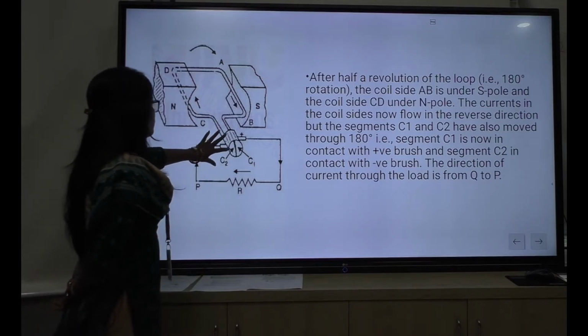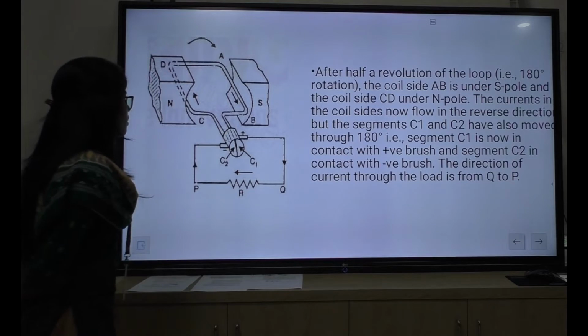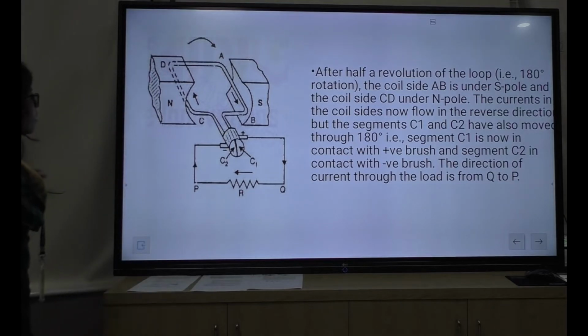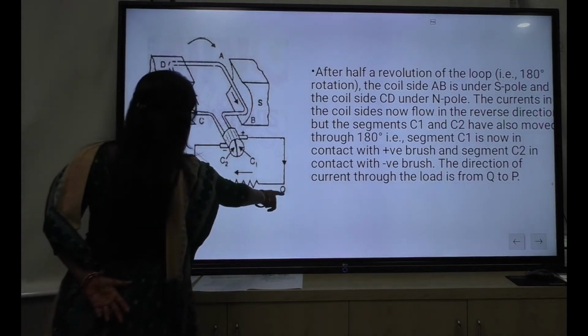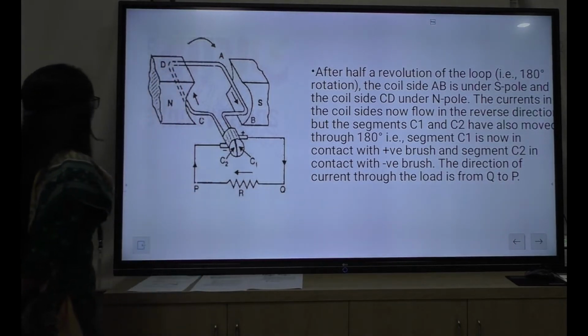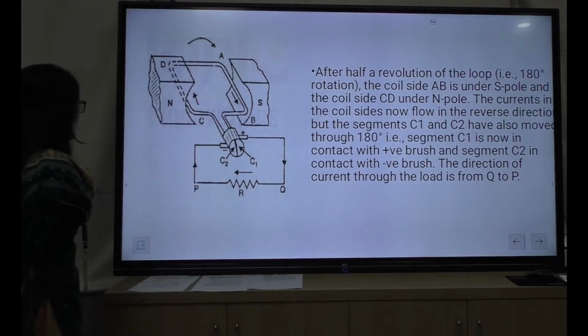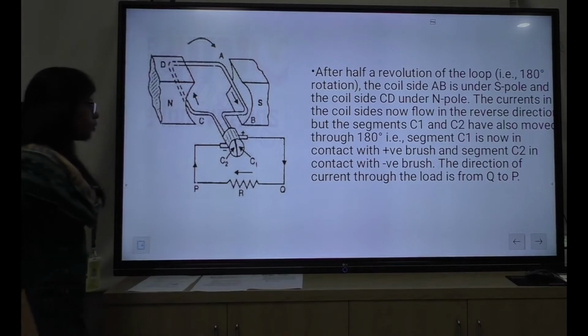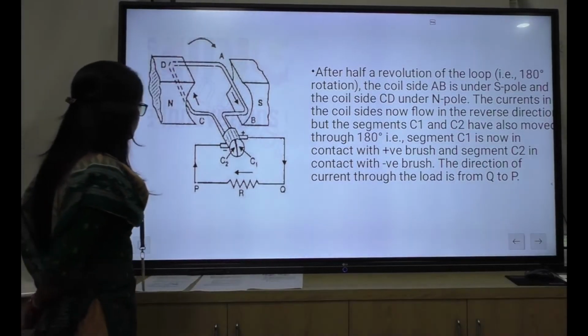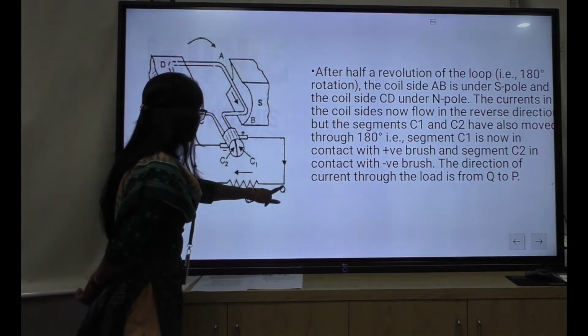Okay. So, the coil side AB connects point Q of the load resistor and the coil side CD connects the point P of the load resistor R. Here the current flows from Q to P.